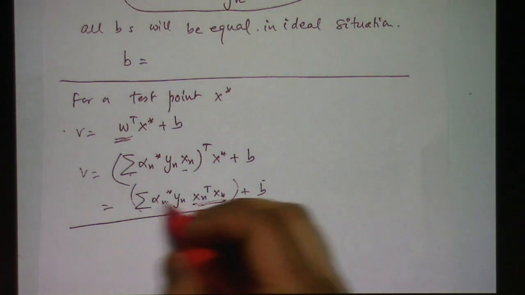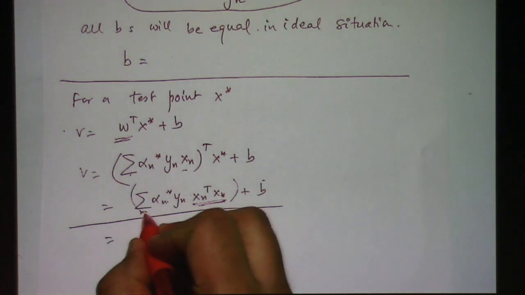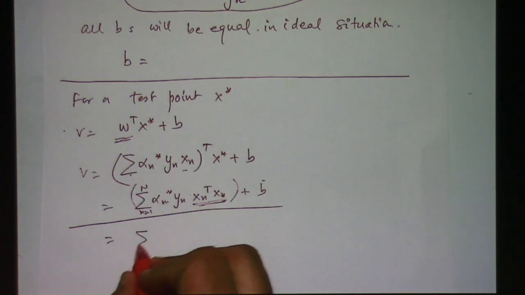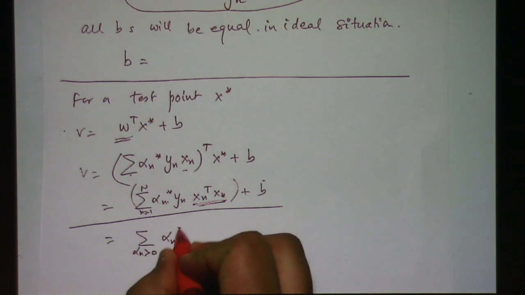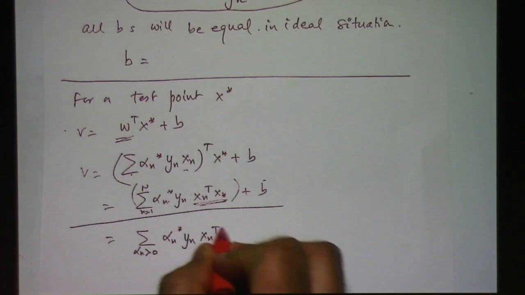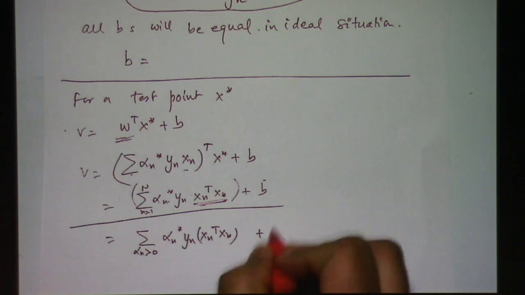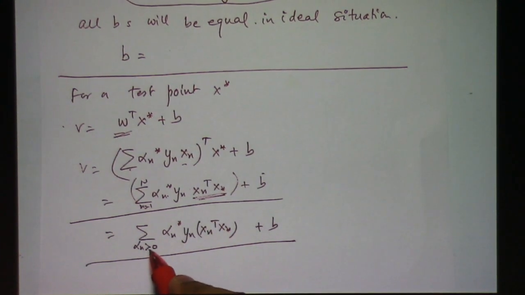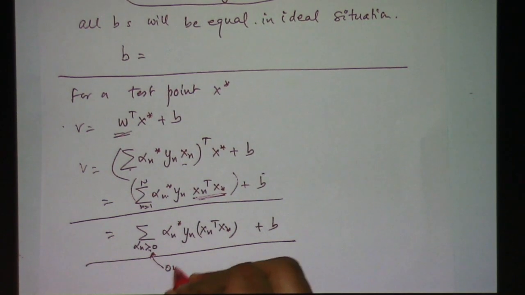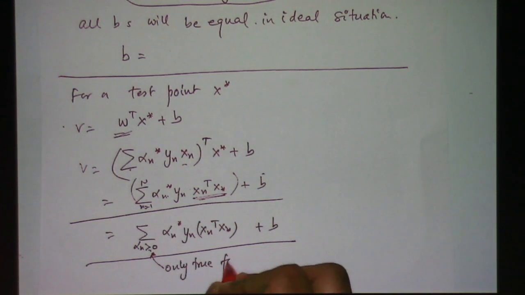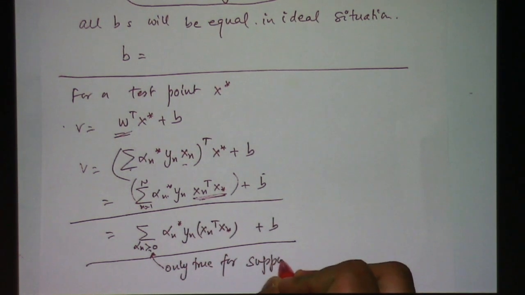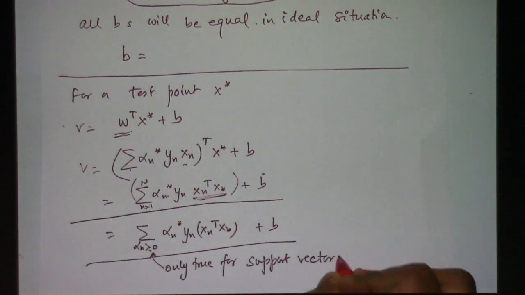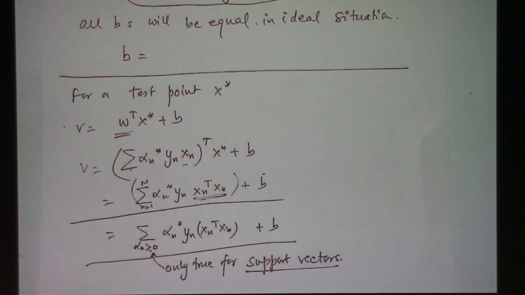This sum over n equal to 1 through n can also be written as a sum only over those n's for which alpha n is greater than 0, of alpha n star yn xn transpose X star plus B. And alpha n is greater than 0 only for support vectors, which means that you will get a very concise, compact solution.